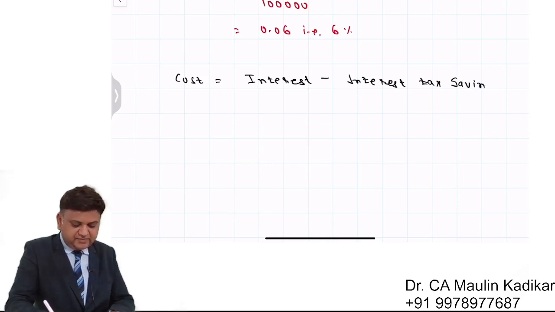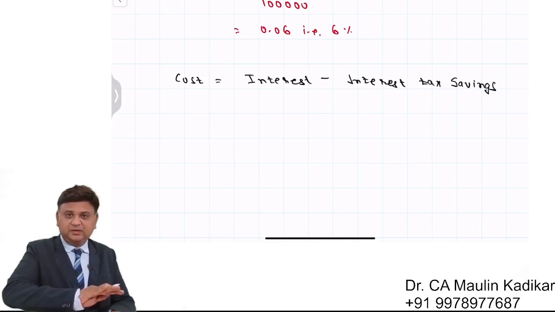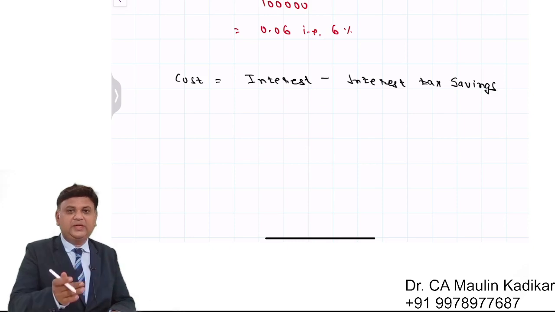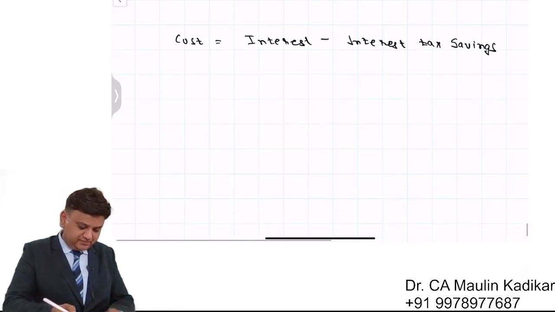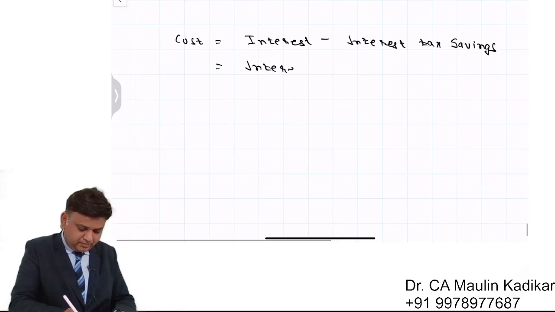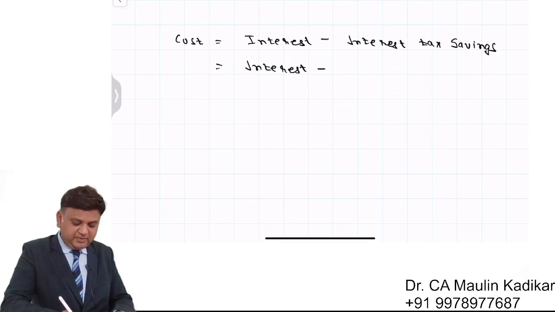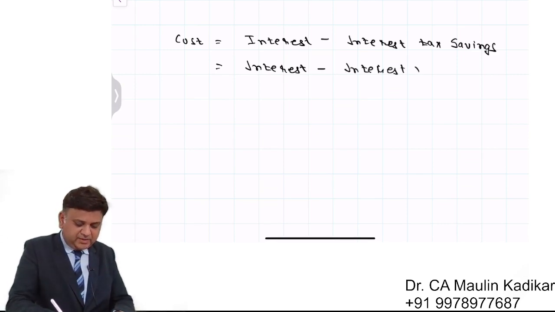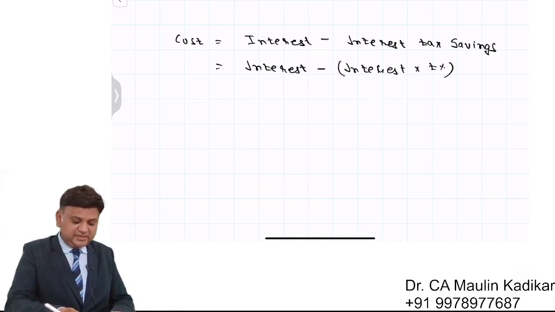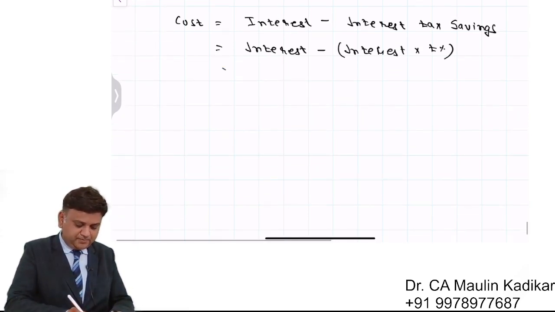Because we understand that we have a cost of the interest and due to that interest we get the interest tax saving advantage. So interest minus interest tax saving will be interest into tax rate. That is the way the interest tax saving will be calculated.